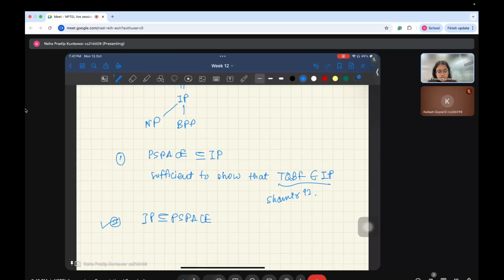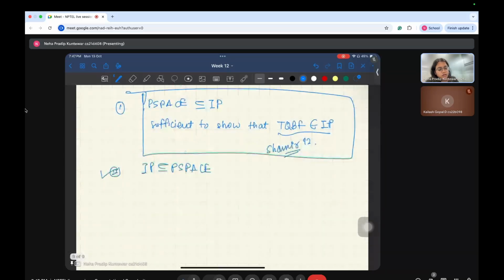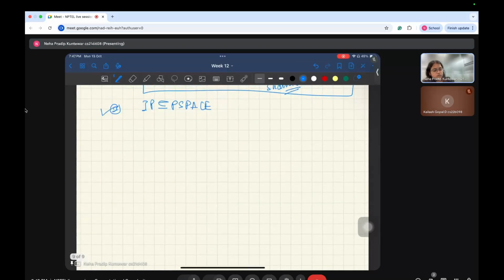I'm not sure if the Shamir proof was done in the lectures, but if you're interested, you can search for his paper which shows that TQBF is in IP. Right now we'll prove that IP is contained in PSPACE.